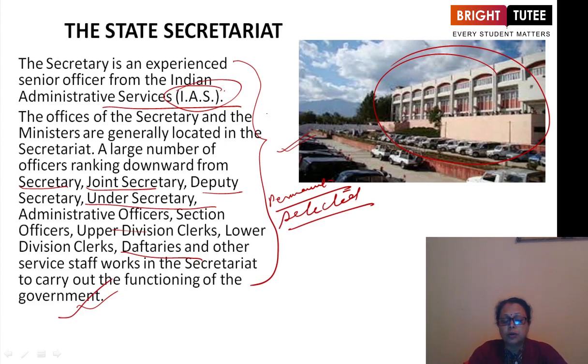It goes down from the minister to the secretary and to other officials. This is why this system of government is called bureaucracy. So this entire system is known as bureaucracy.